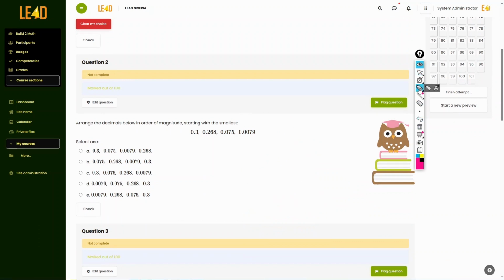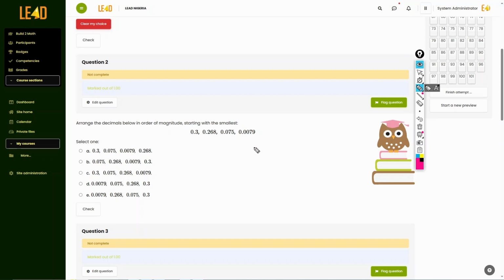Question 2 says, arrange the decimals below in order of magnitude, starting with the smallest. Okay, so for this, I'm going to make sure that they have the same number of decimal places. That way you can actually see.